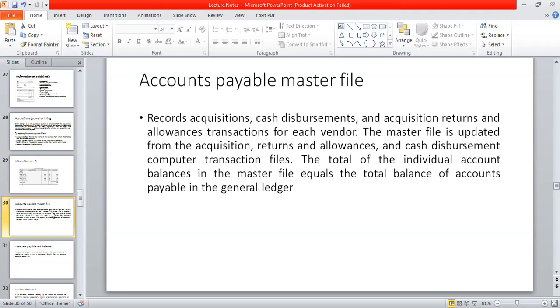So this master file is used to create the general ledger. It will be balanced to the general ledger, since the total of these individual accounts in the master file should equal the general ledger balances.